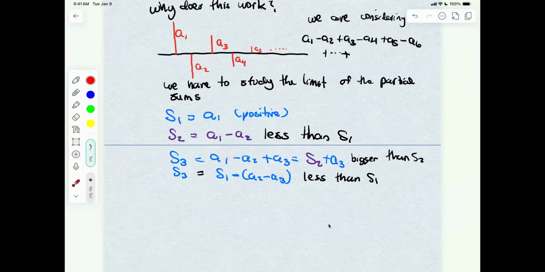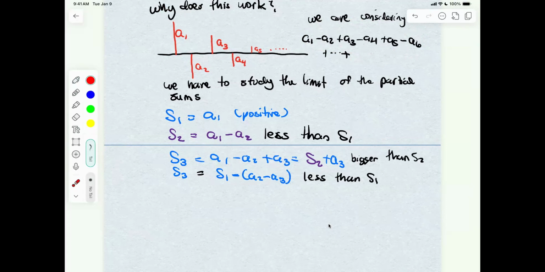As you were saying, the alternating series test does assume that the heights are shrinking. So this one is the tallest tower, this one is less tall, then this one is less tall, this one is less tall, and so on. Otherwise this wouldn't work, so you're assuming that they shrink in size.